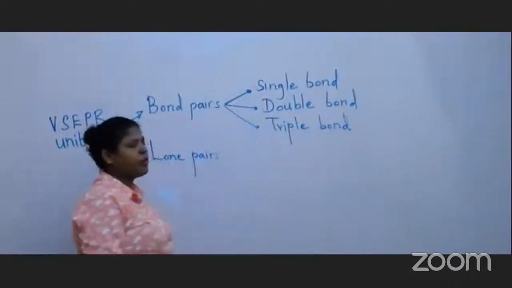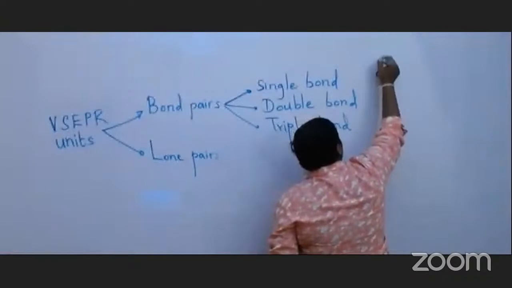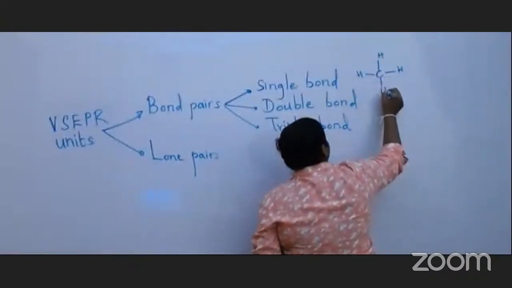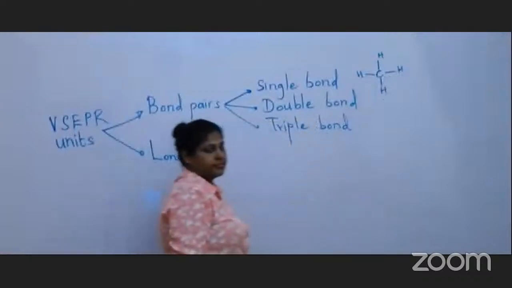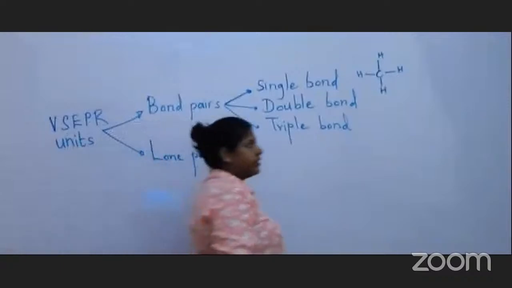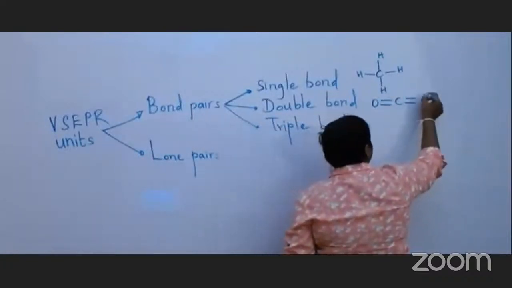For example, for a molecule having only single bonds, we can take CH4. In between carbon and hydrogen, they have only single bonds. When you take a molecule like carbon dioxide, it has double bonds in between carbon and oxygen.